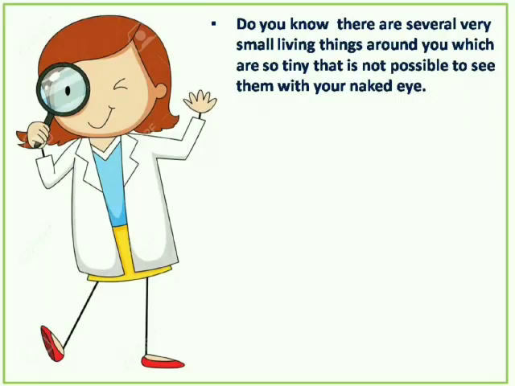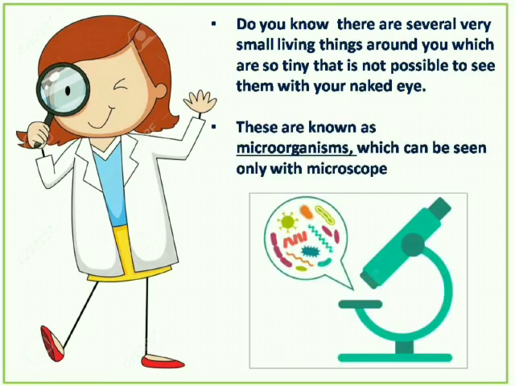Do you know there are several very small living things around you which are so tiny that it is not possible to see them with your naked eye? These are known as microorganisms, which can be visible only with a microscope.